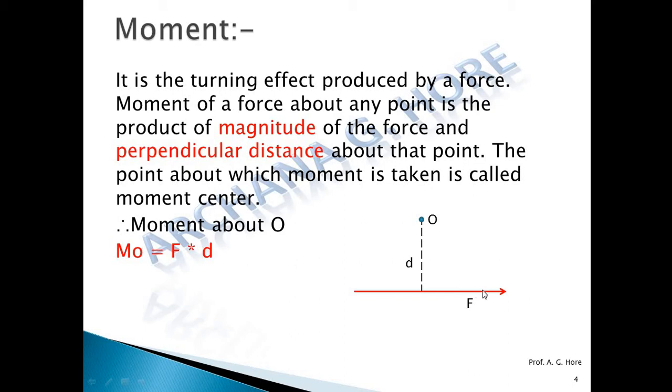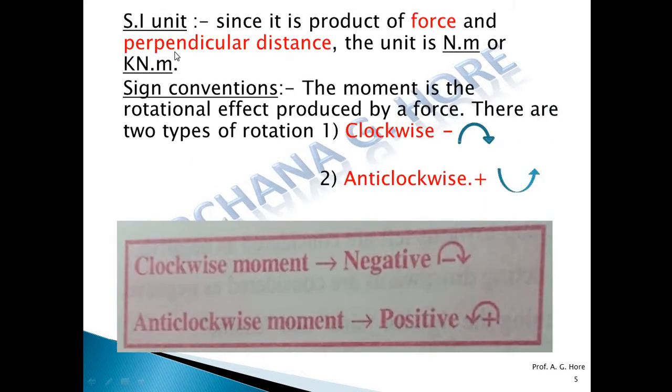The direction of rotation is anti-clockwise, that's why it is plus. The SI unit is Newton meter or kilonewton meter, and the sign convention is: if the force rotates clockwise, consider it negative, and if anti-clockwise, consider it positive.